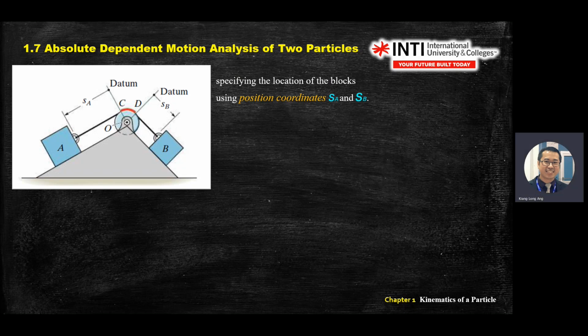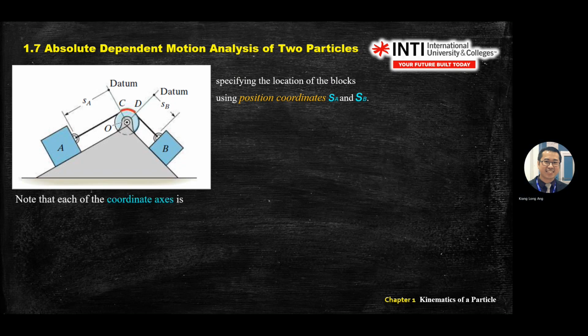Correct. Then when you pull A, distance A will change and distance B will change. Will CD change? No. So you have to be aware of what is changing and what is not changing.